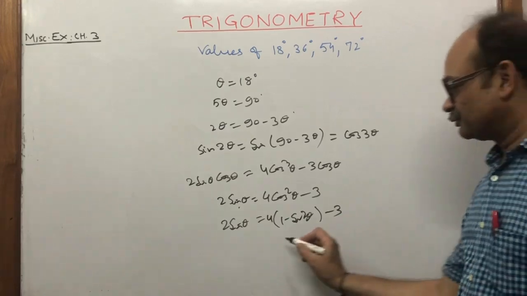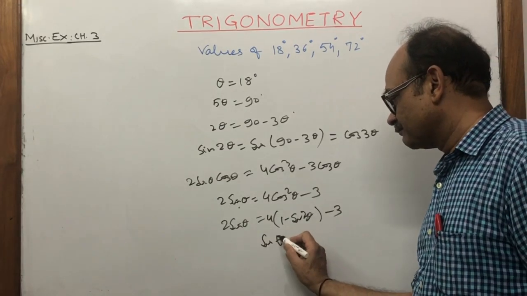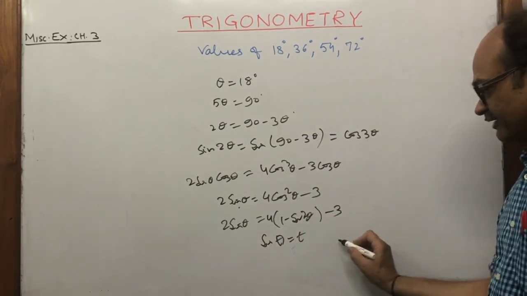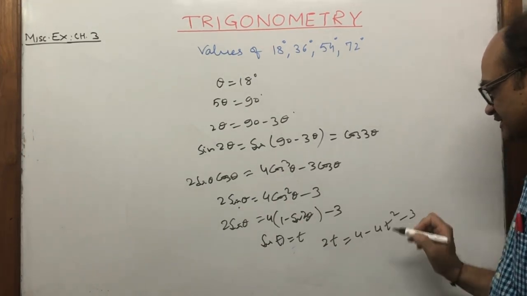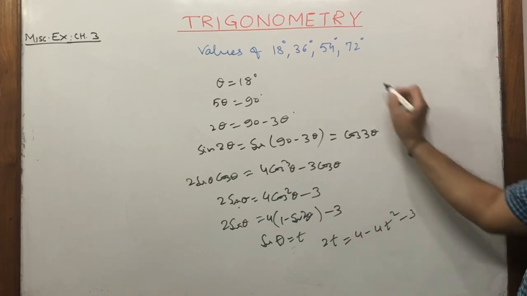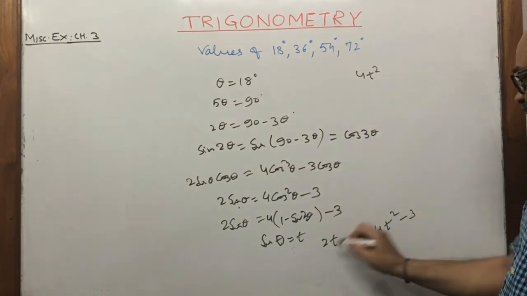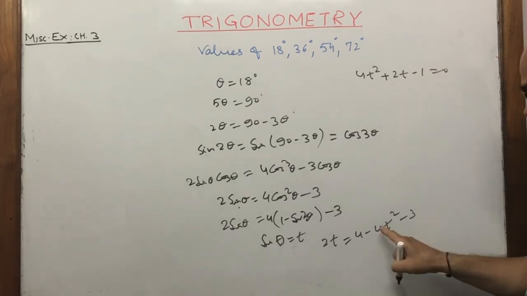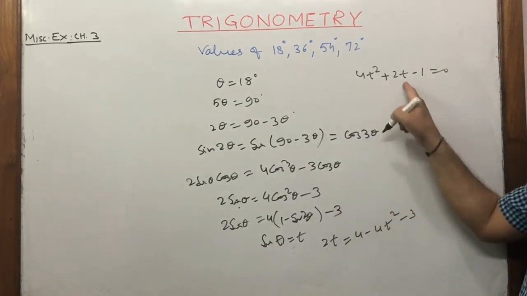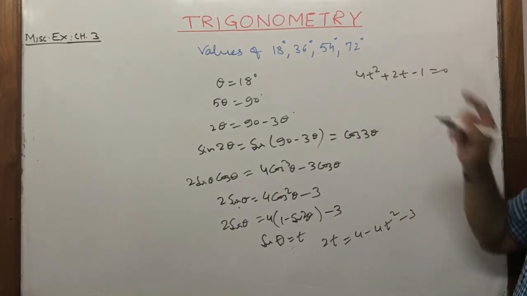Suppose sine theta equals t. So the quadratic will be 2t equals 4 minus 4t square minus 3. Or we can shift 4t square, this is plus 1, so minus 1, check it again: 4t square plus 2t minus 1 equals 0.